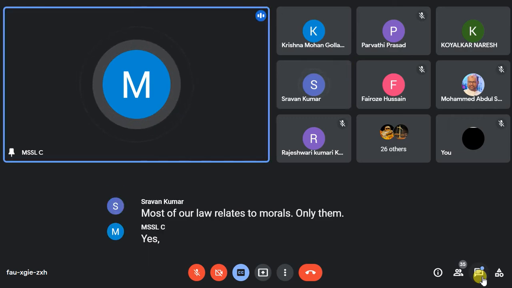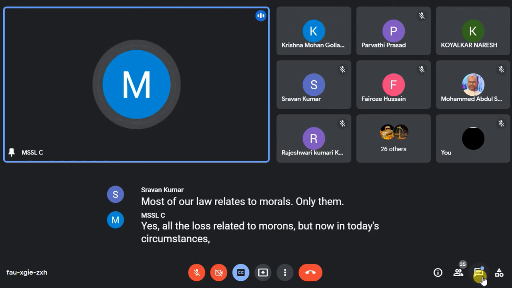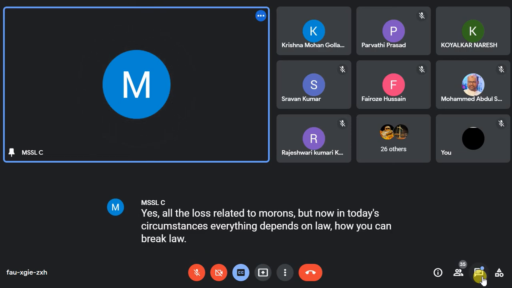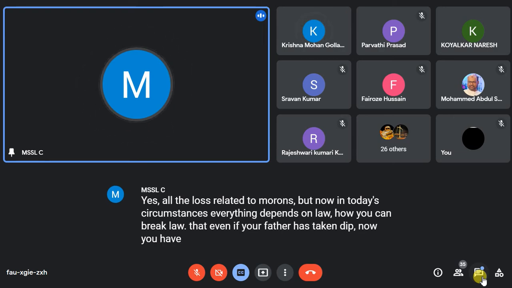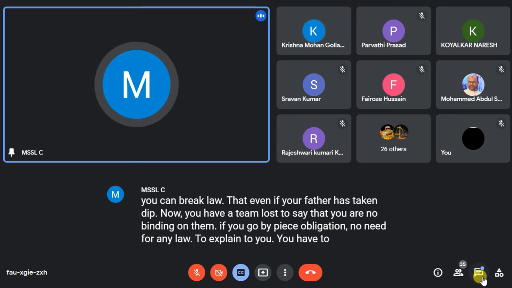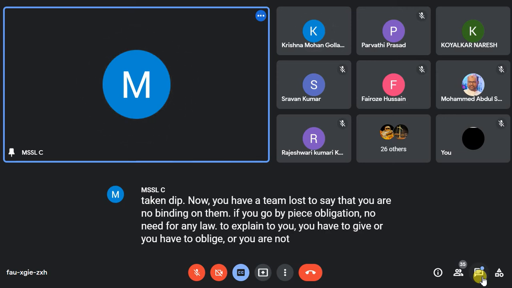Yes, all the laws are related to morals, but now in today's circumstances, everything depends on law. How you can break law. Even if your father has taken debt, now you have laws to say that you are not bound by it. If you go by pious obligation, then no need for any law to explain to you; you have to give, or you have to oblige, or you are not to oblige.